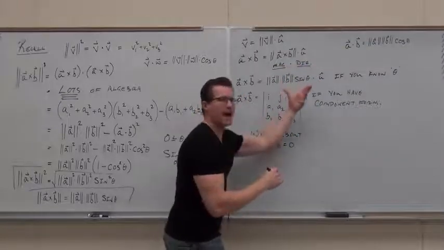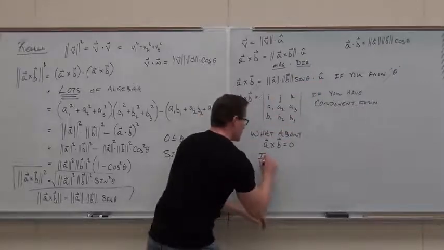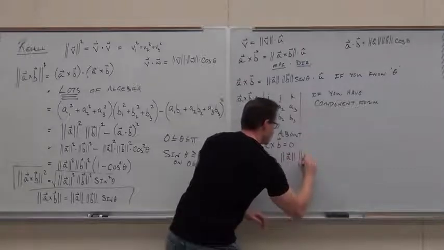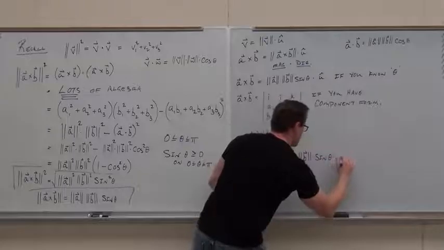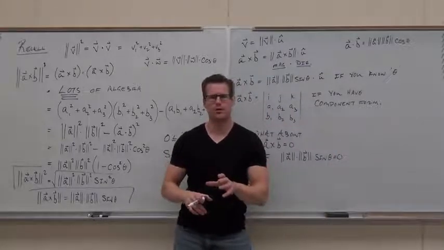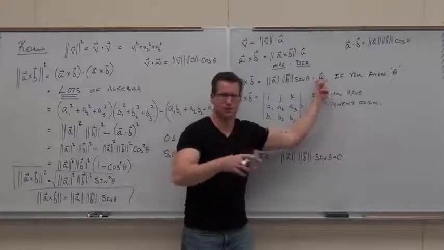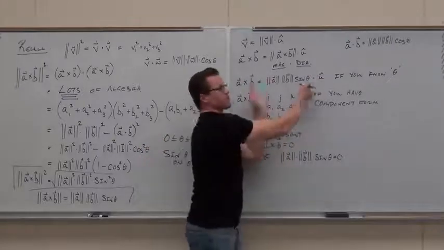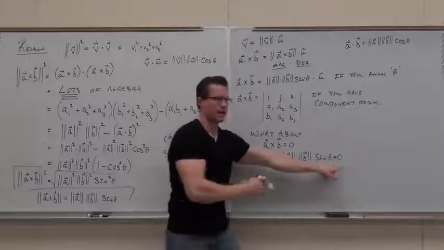The only way that happens with a non-zero vector is if that's 0. Do you guys see what I'm talking about? If the cross product is actually 0, and you have non-zero vectors, so it actually has some substance to it, the only way that happens is if this part is 0. So if the cross product is 0, it means this part has to be 0.